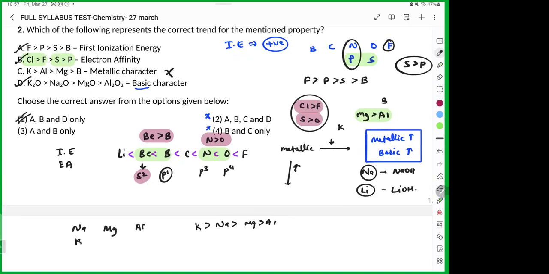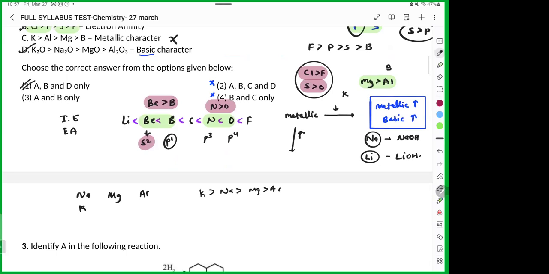And in the last 2 days, I wrote this thing 3 times. Note it down again and again. Down the group, you have size in increasing order, metallic character increasing order, reactivity increasing order, correct?